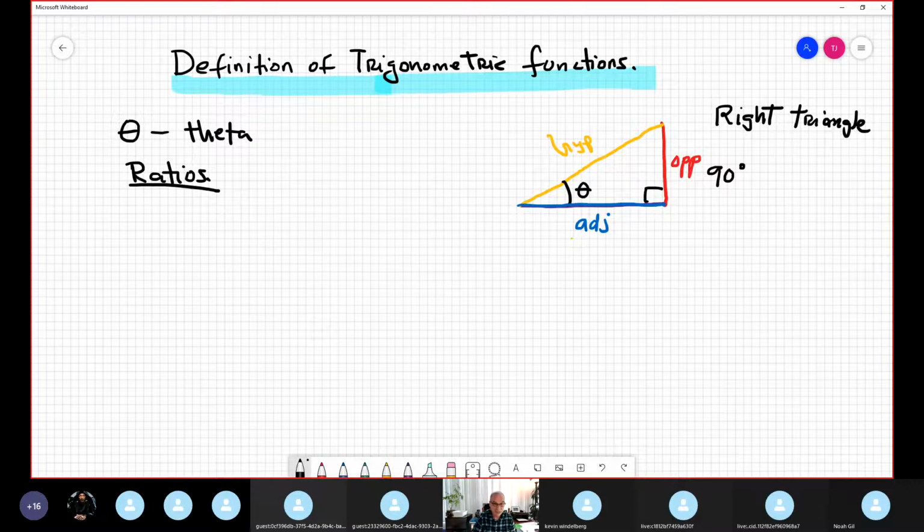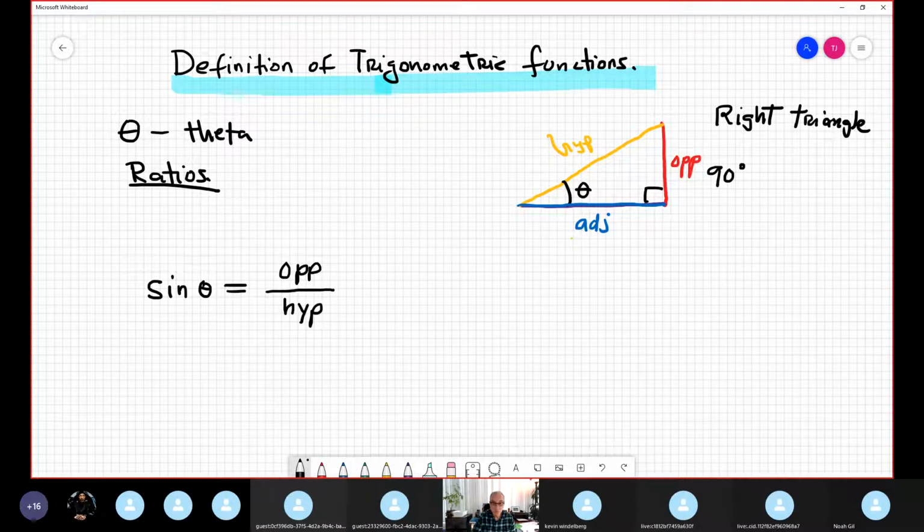For example, sine theta. You put a parenthesis because this is a function notation, right? Remember, f of x is a function notation. Some people omit the parenthesis, which is not totally incorrect, but it's okay. Sine theta is the ratio between opposite over hypotenuse.